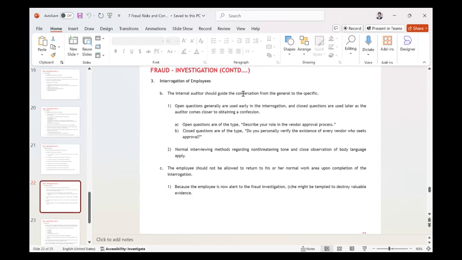So you can paraphrase it and ask him, is that what you're saying? The answer would be yes or no. Closed questions are important to confirm certain things and to get him to admit to certain things. So there are open questions and closed questions. Then there are questions which test his character also.